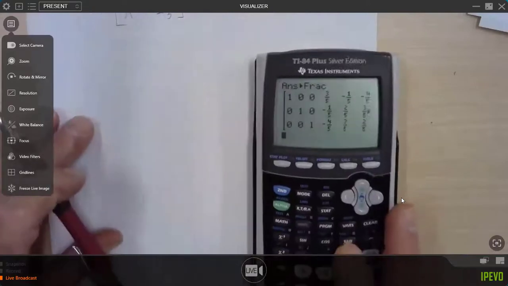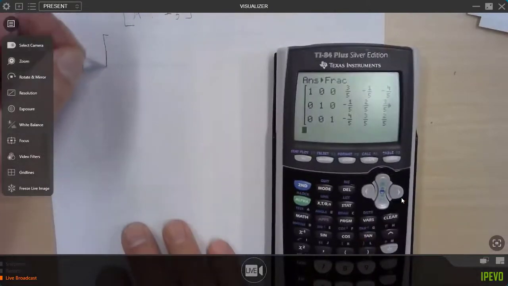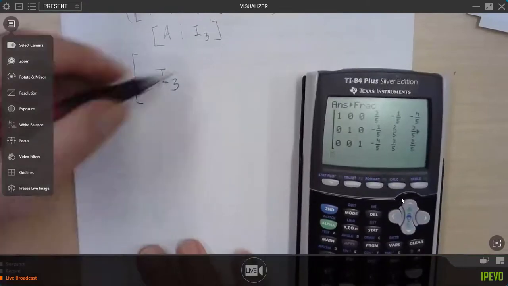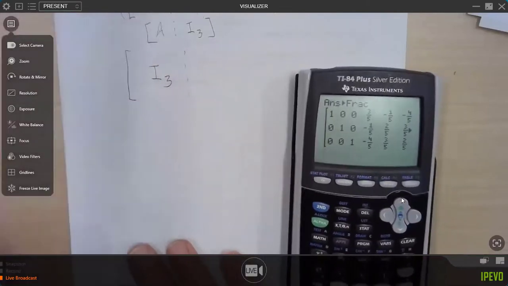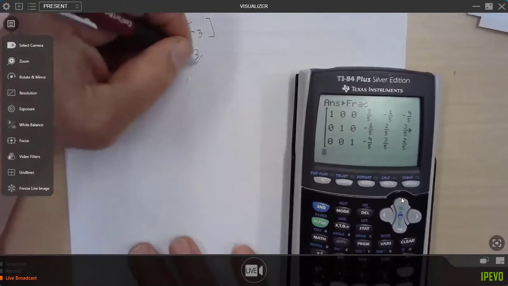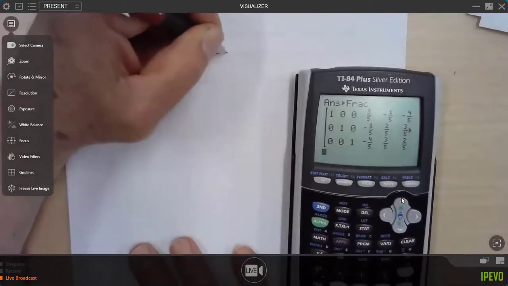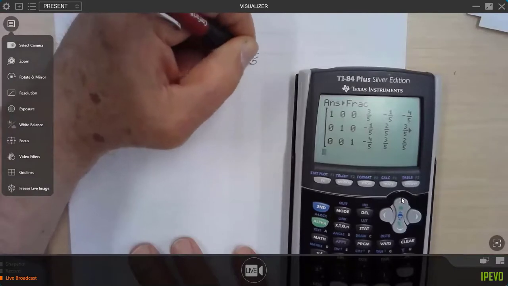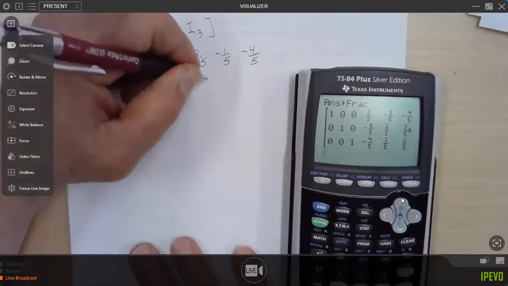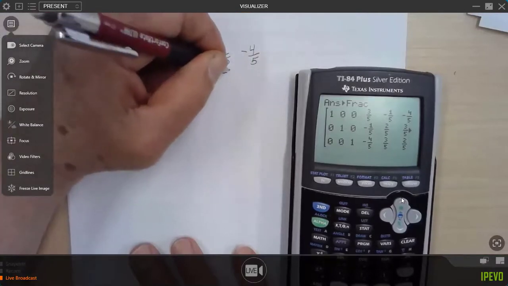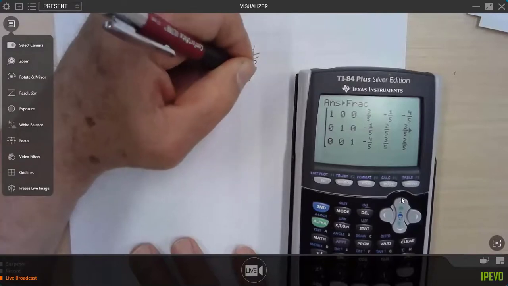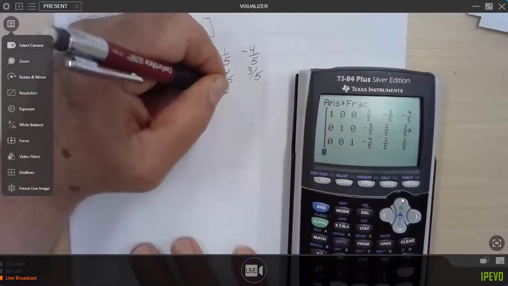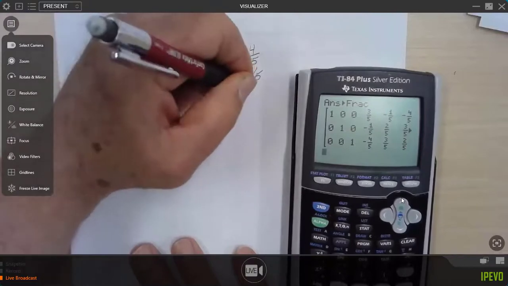Okay, so what I got was, well, first of all, I got I3 on the left, but this is 3/5, minus 1/5, minus 4/5, minus 1/5, 2/5, 3/5, minus 4/5, 3/5, 2/5.